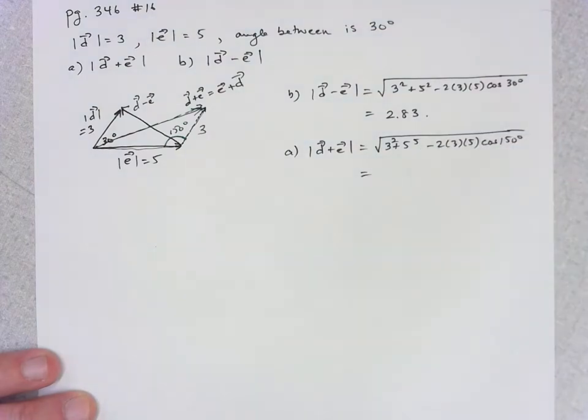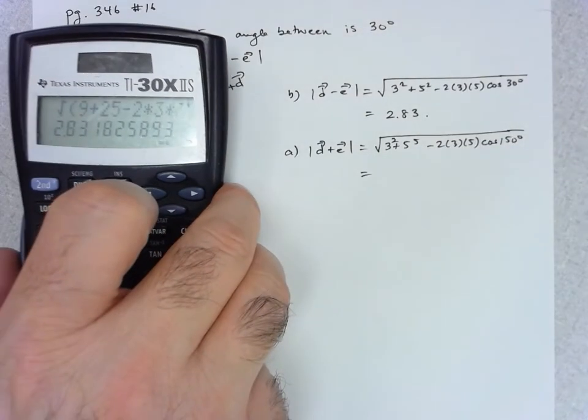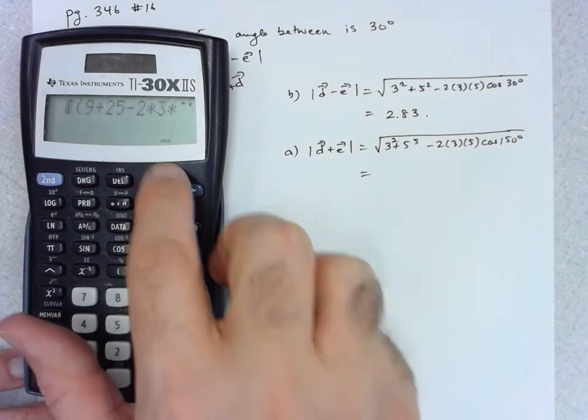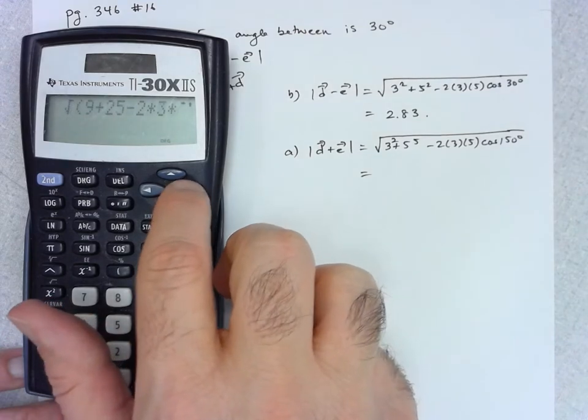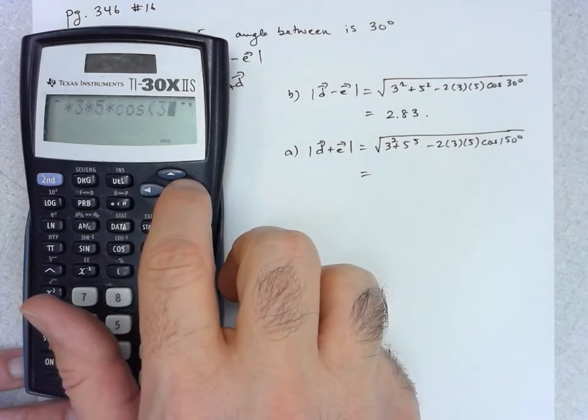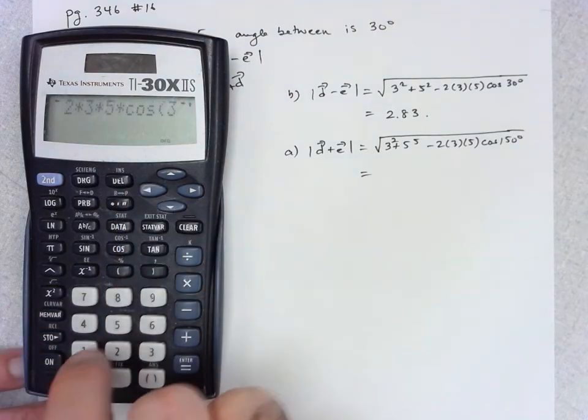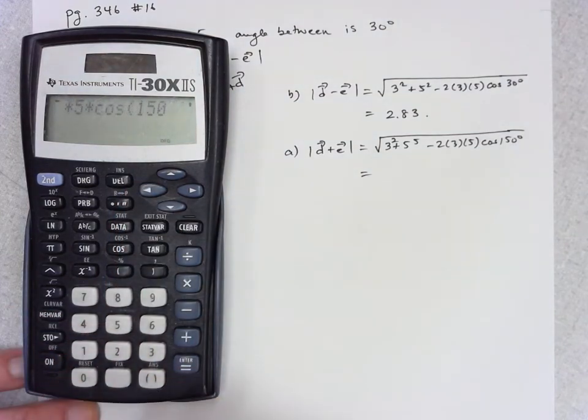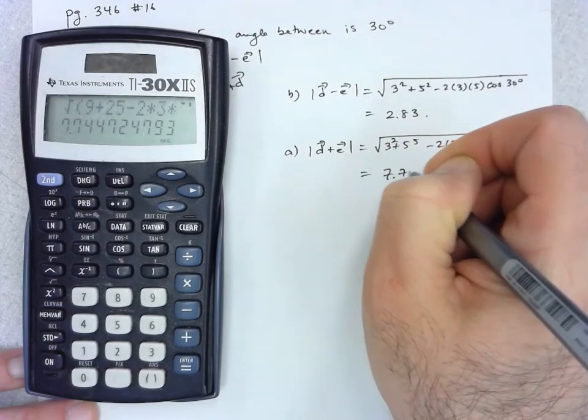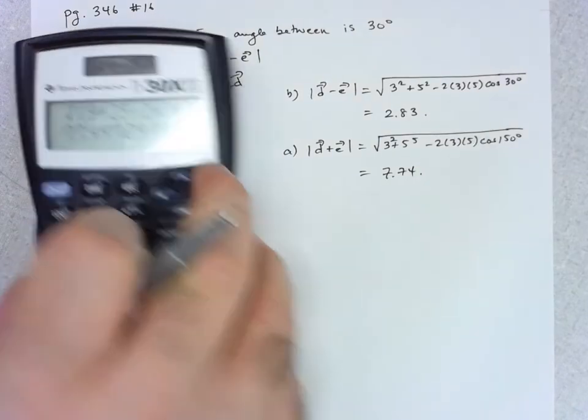In fact, on my calculator, I can save myself some time and go back up there. I don't know that I'd suggest this on a test, you don't want to make any silly mistakes, but here, just replace the 30 by 150, and we get 7.74. And there's our answer.